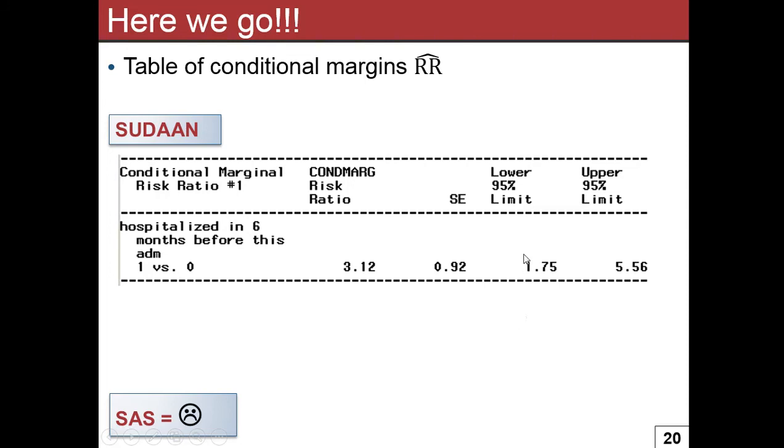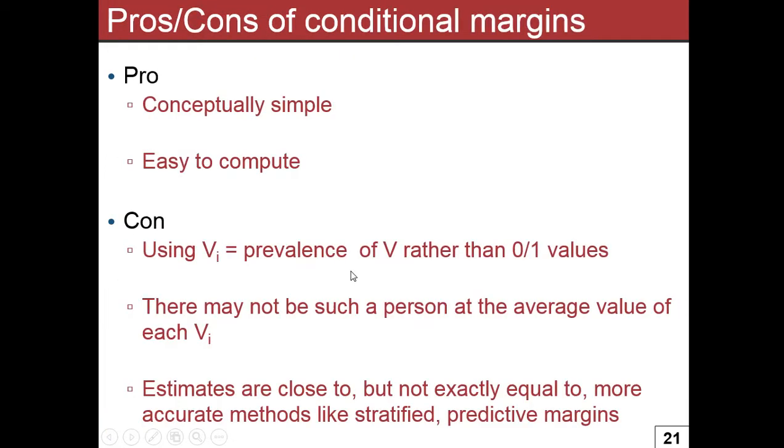So one thing you might do is all this work with your model, and you have a final model that you like. And by the way, you might want to report risk ratios from it. You could imagine putting Sudan code at the end of your analysis to start reporting the risk ratios as well. That's kind of cool. We got risk ratios.